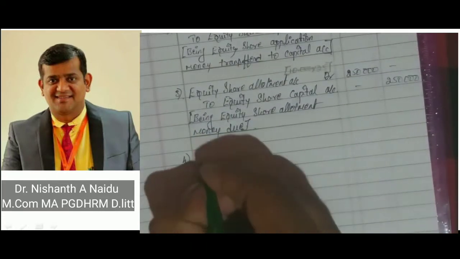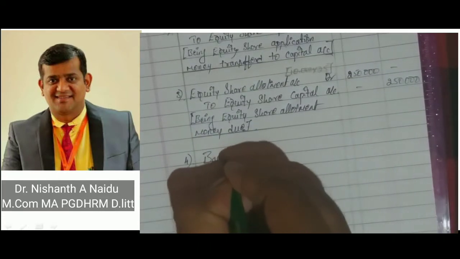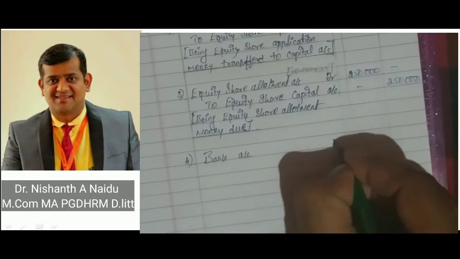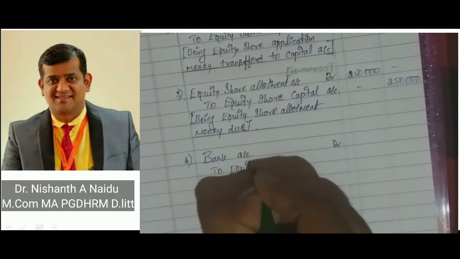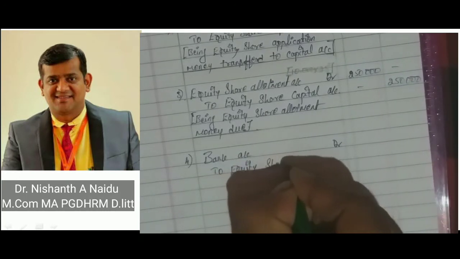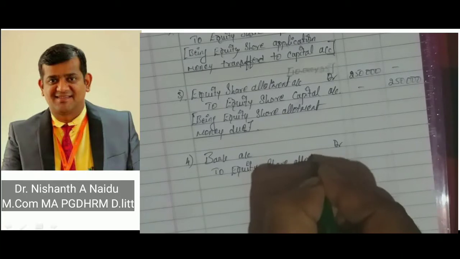So receive entry always comes up with bank account debtor to equity share allotment account.